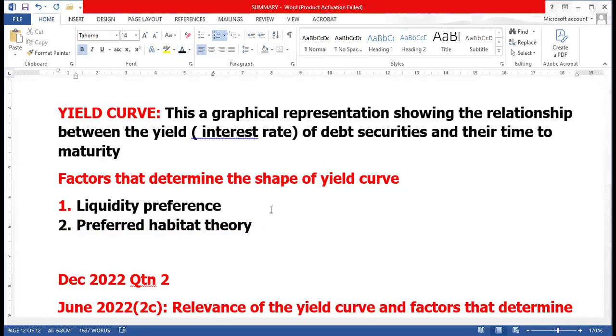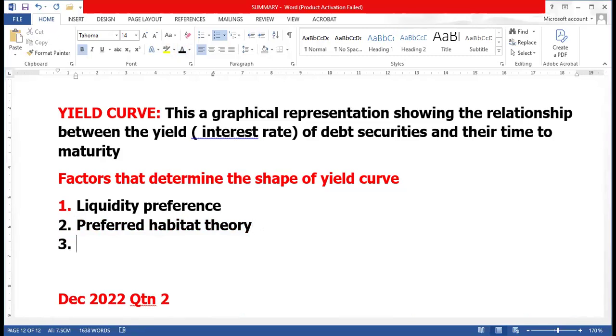Maybe before you explain that, we can also talk about the fact that the longer the maturity, the higher the yield, and I think that's obvious that it will lead the yield curve to be upward sloping.